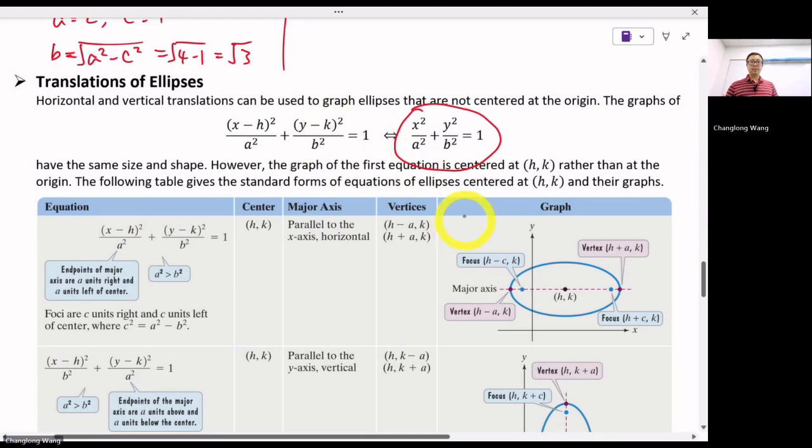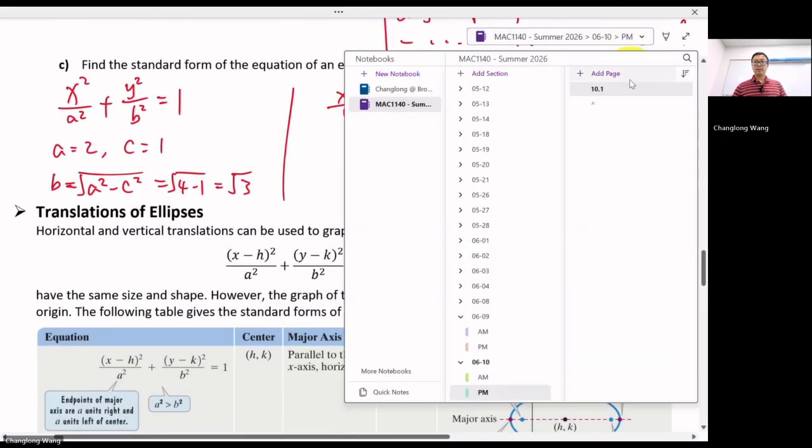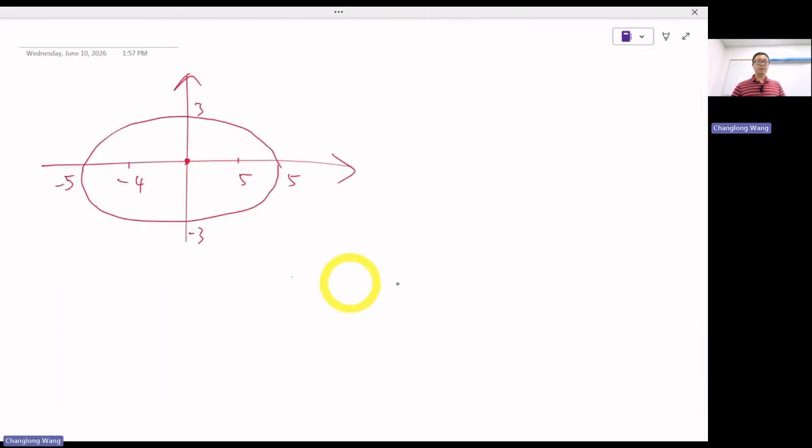So this is what a shifted ellipse looks like. Now let's say this is the ellipse that we figured out, and I think that it's x squared over 25 plus y squared over 9 equals 1. So what if I want to figure out the equation for an ellipse with the same shape, the same size, the same orientation, but I don't want the ellipse to be centered at the origin.